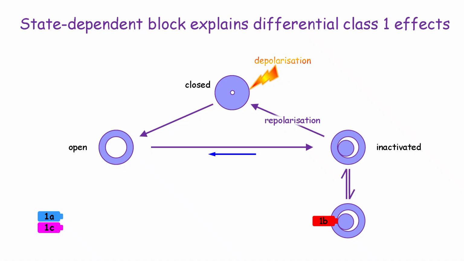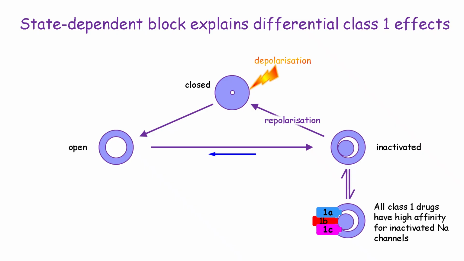Like class 1B, they also exhibit state-dependent binding to sodium channels with high affinity for the inactivated state. But unlike class 1B, their binding is not limited to that state.